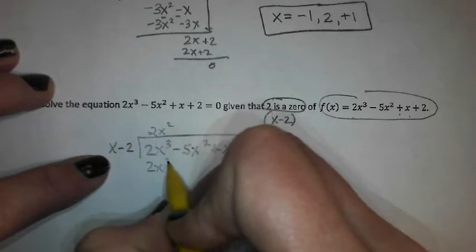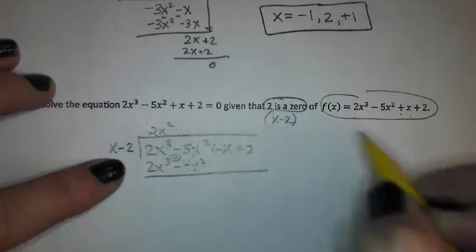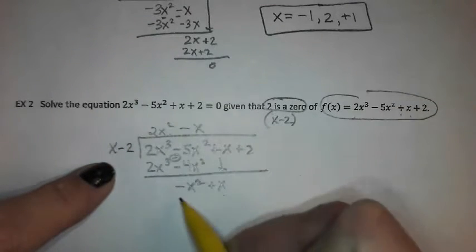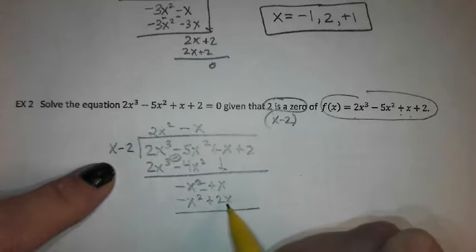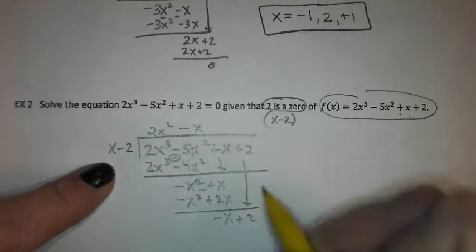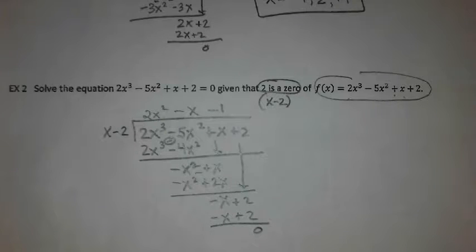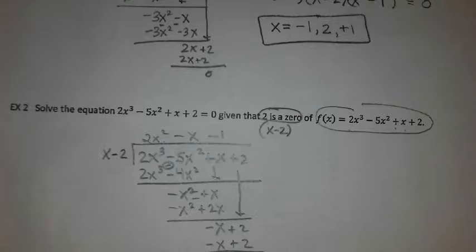Again, do this on your own and check up to the board just for confirmation, so we're still practicing our long division. Okay, so we got a remainder of 0. X minus 2 is a factor.